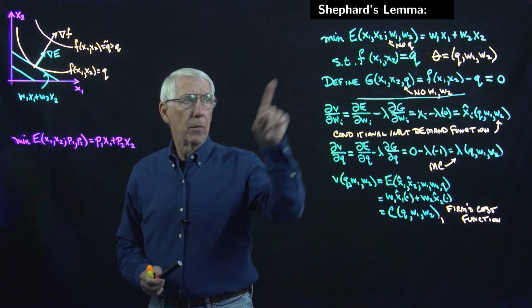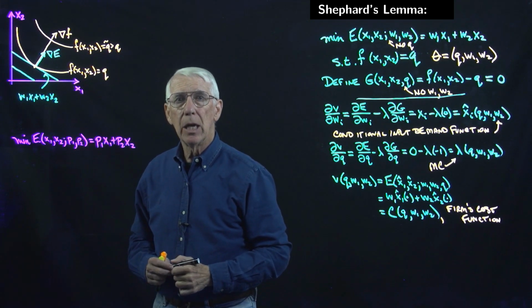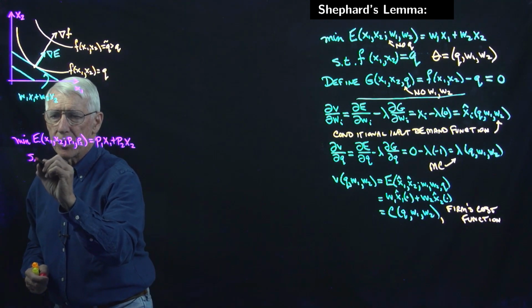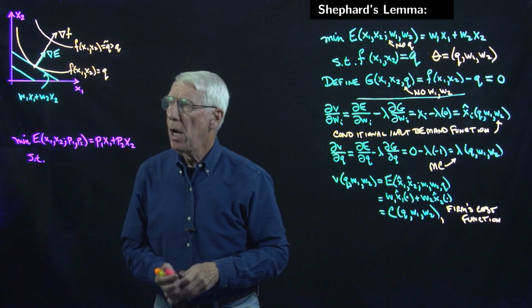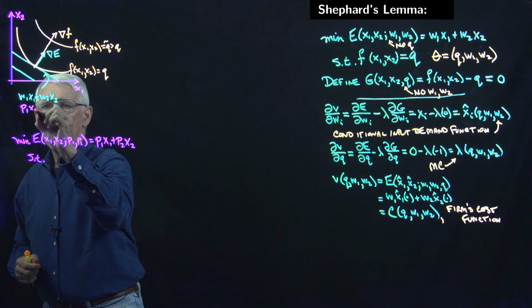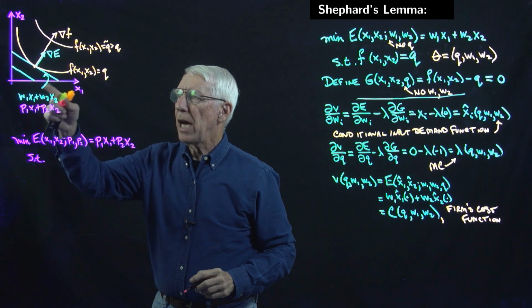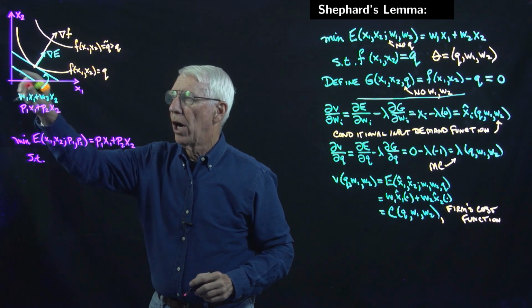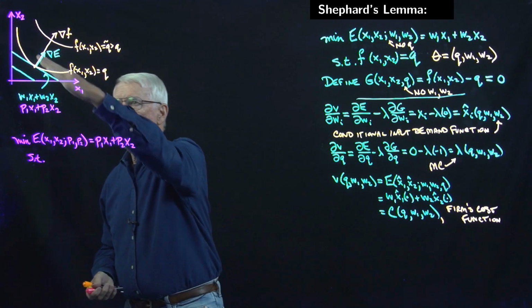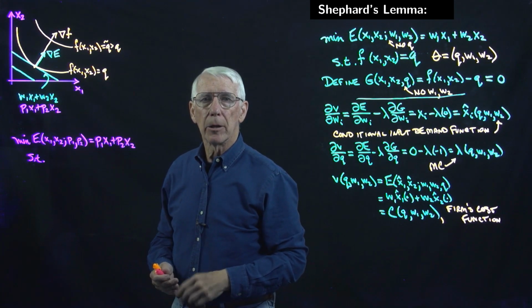So we have a consumer that's now minimizing the expense that it has to lay out to get a particular consumption bundle, but subject to what kind of constraint? Let's replace this with P1 X1 plus P2 X2. Now these iso-cost contours are iso-expense contours for the consumer, telling us how much he'll have to spend to get various consumption bundles.